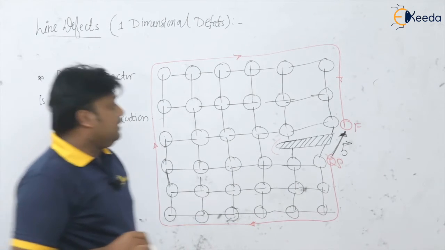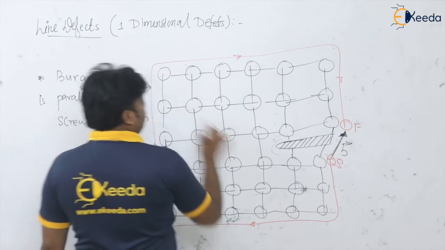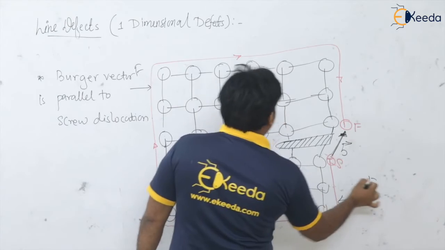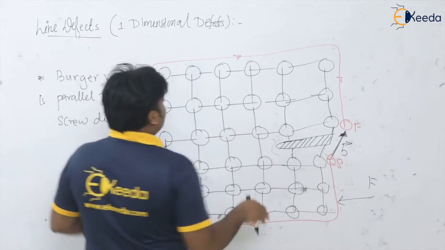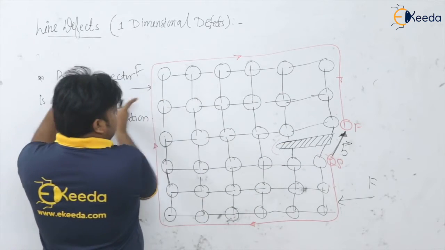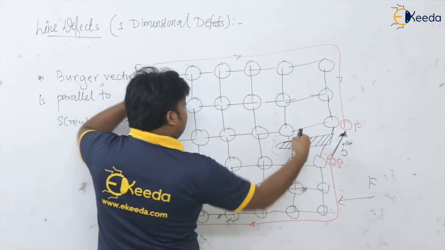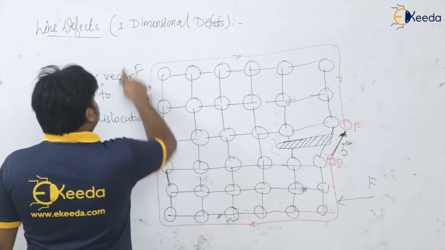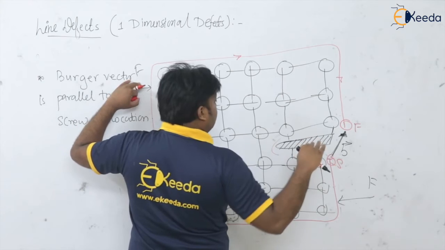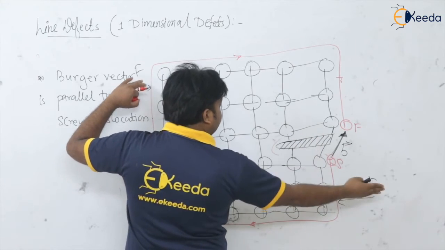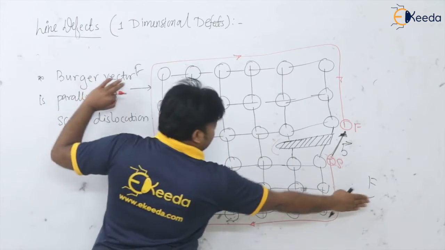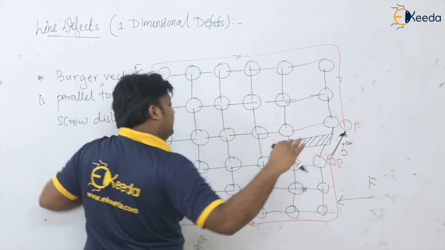And when the force is applied, how is it moving? It is moving perpendicular, it is going inside like this, isn't it? So force is applied in this direction and it is moving inside in this direction. So the movement of the screw dislocation is perpendicular to the applied force, isn't it?